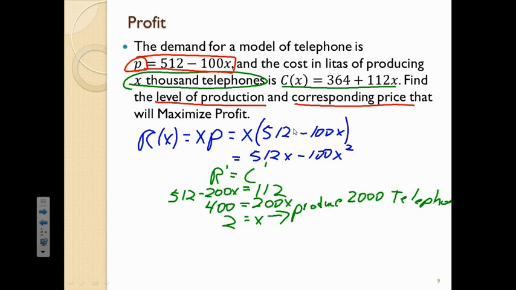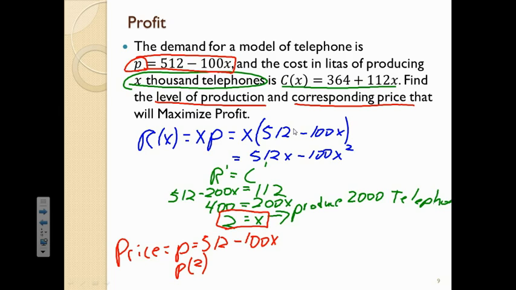Our price is going to be the same as the demand, which is going to be 512 minus 100x. So in this case, we want a P of 2 because x is equal to 2, meaning 2,000 telephones.